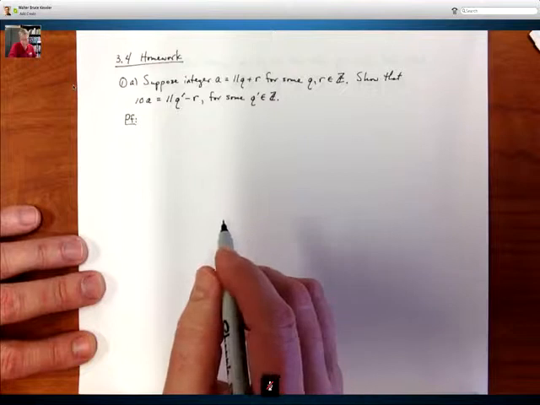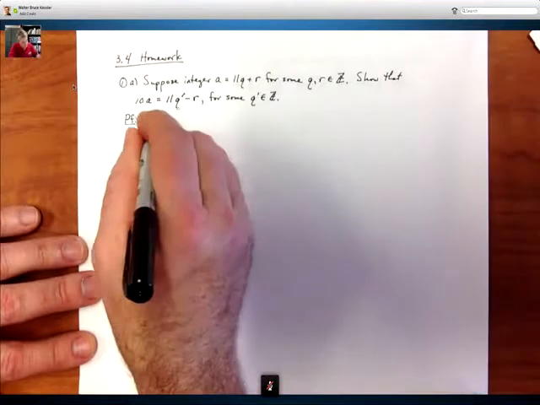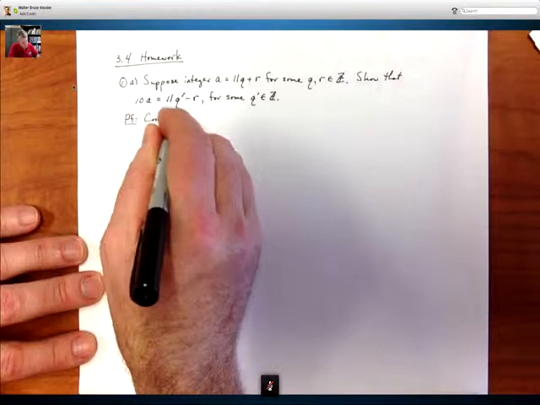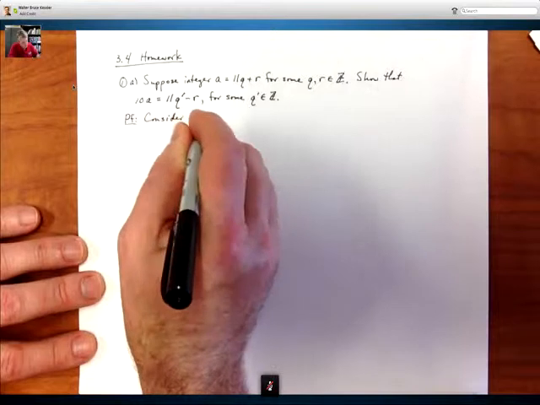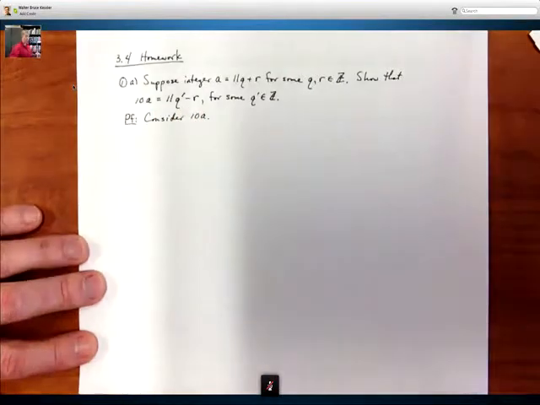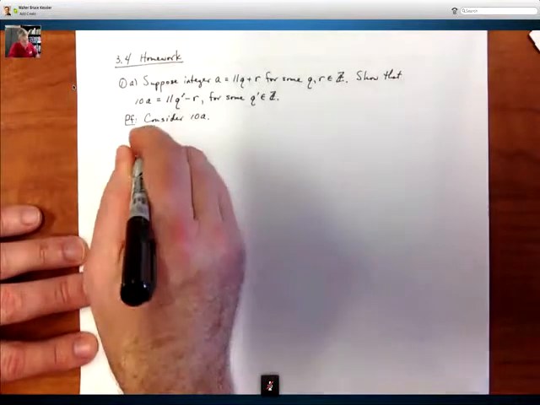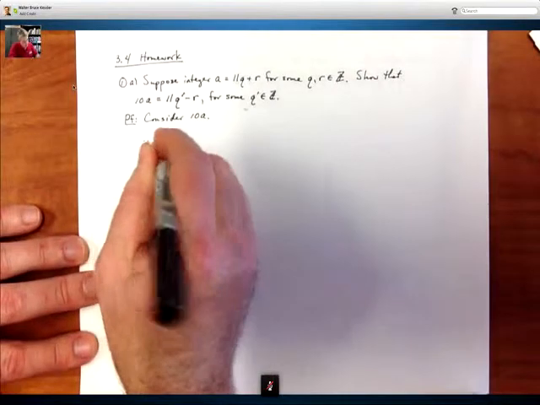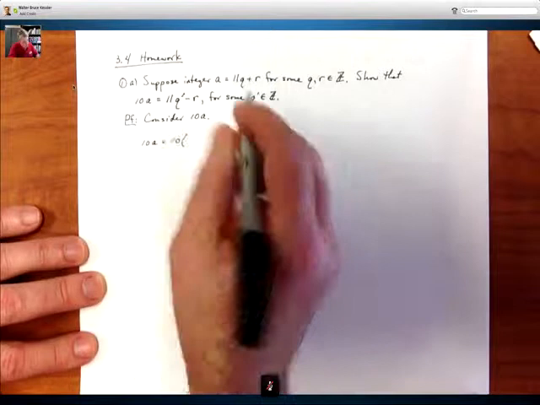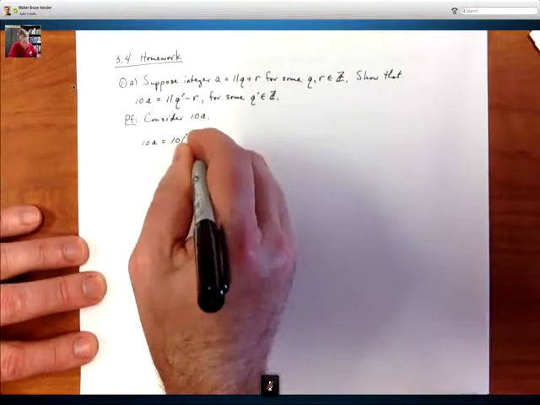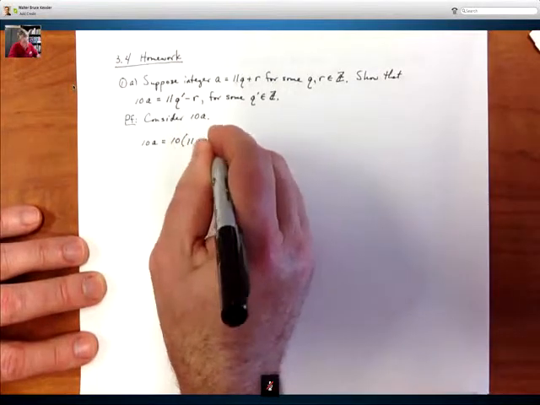So let's take a look at this, and note what happens when we multiply it out. So 10a is 10 times 11q plus r.